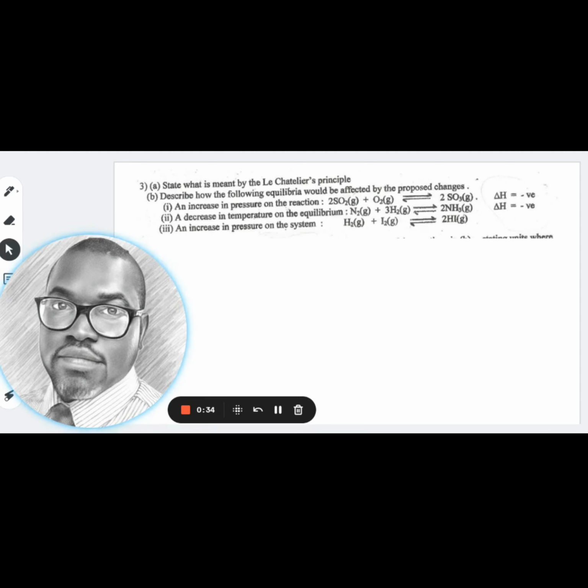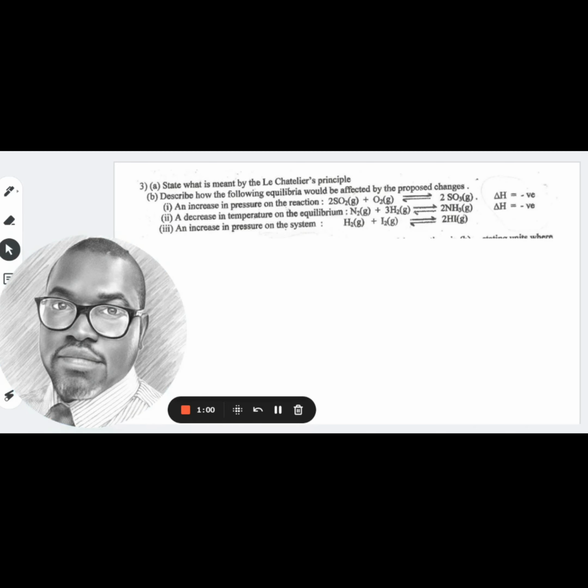Without getting too technical, we're basically saying that Le Chatelier's principle is this: if a system is in equilibrium and a change occurs within that system, some stress added to the system, then the system will do whatever it can to counteract that stress to re-establish equilibrium.